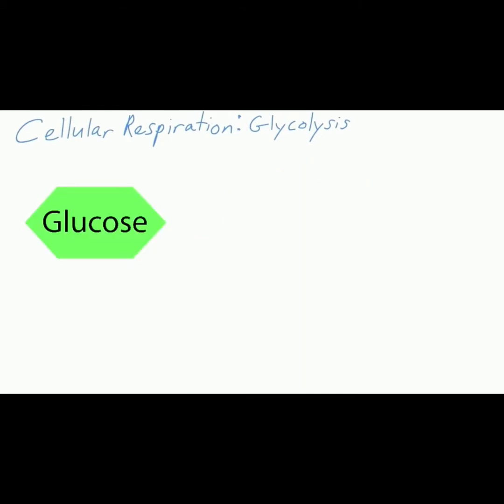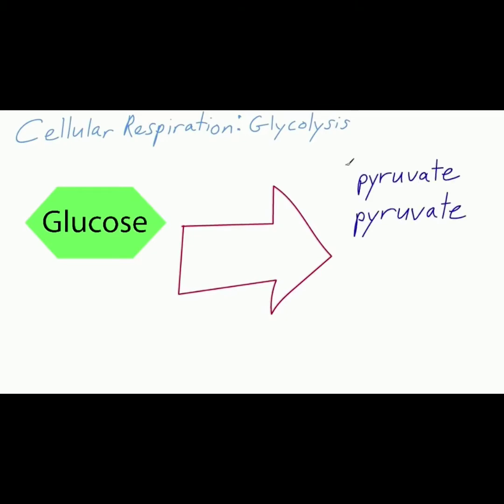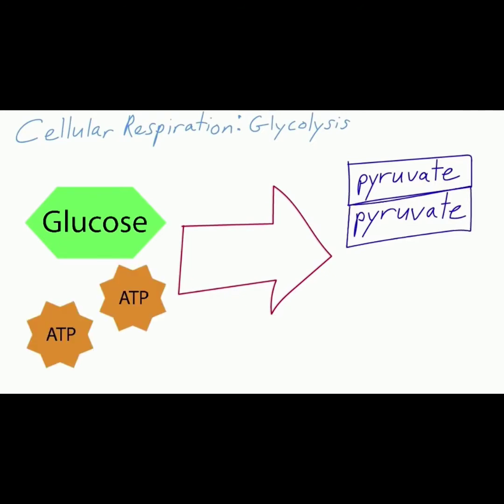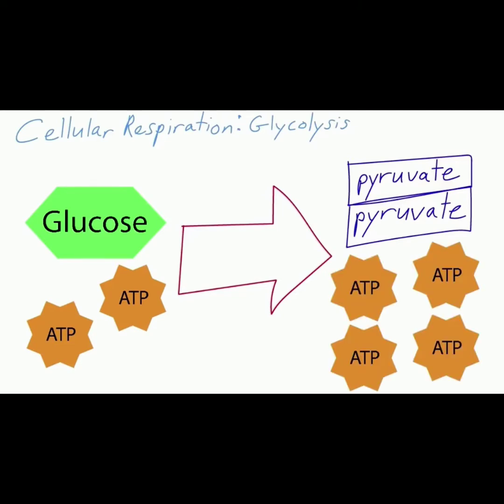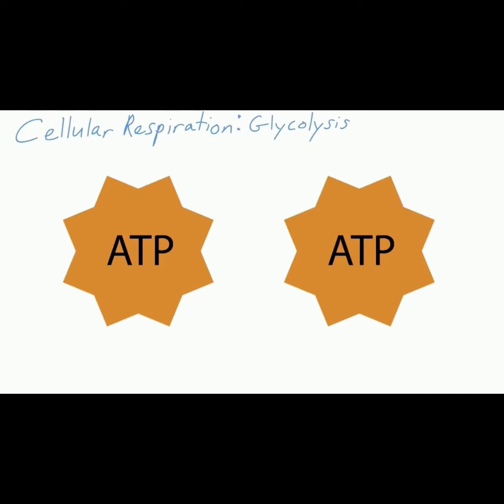During this process, the cell takes a molecule of glucose and breaks it down, producing 2 molecules of pyruvate. The cell needs to use 2 molecules of ATP to break down the glucose. However, the process of glycolysis also produces 4 ATP. So this step of cellular respiration results in a net gain of 2 ATP.